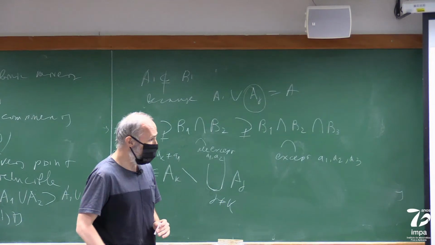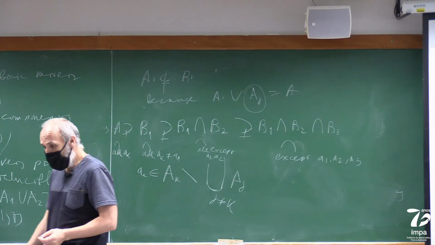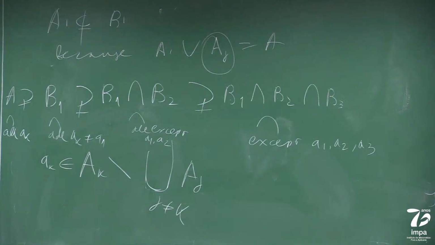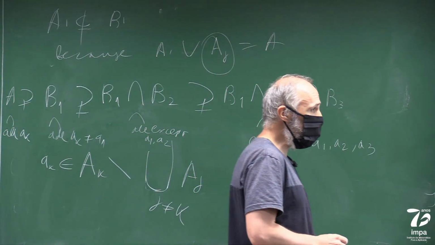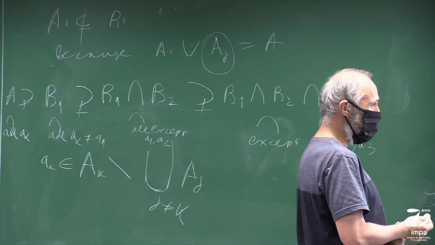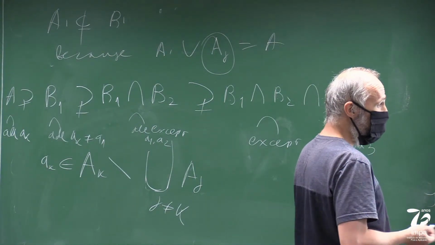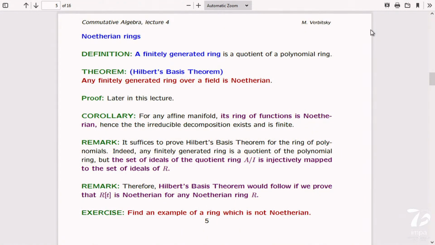Now we can proceed to the proof of the Hilbert Basis theorem about Noetherianity of the polynomial ring. Well, finitely generated rings, but if you think of it, it is enough to prove it just for polynomials. This is the main idea of the argument.